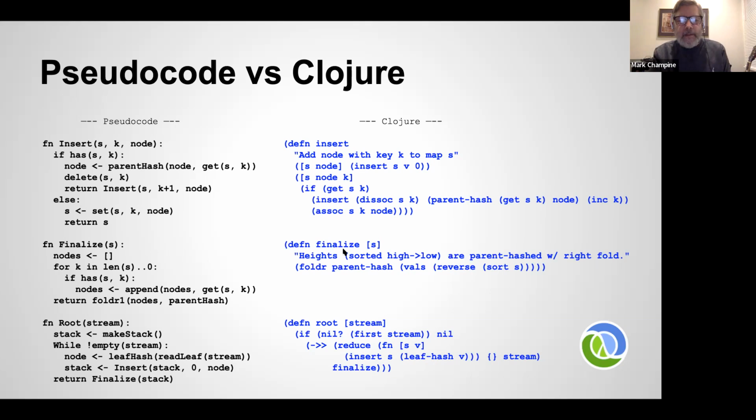So in my case, I just implemented a right fold and pass it in all the values to be folded together. It essentially does a reduce, but it's a fold right. A reduce is a left fold. And the root calculation, I just reduce over all the inserts of leaves that are being pulled from the stream, and then run finalize over it, and that is a root calculation.